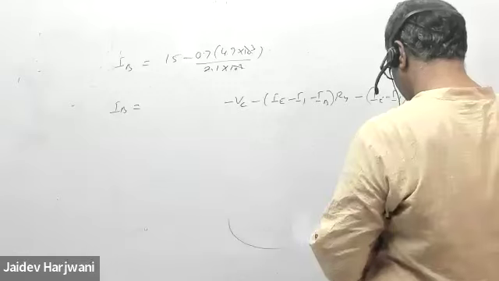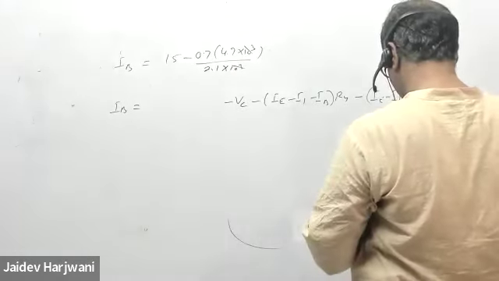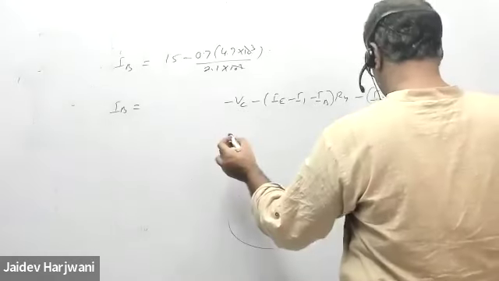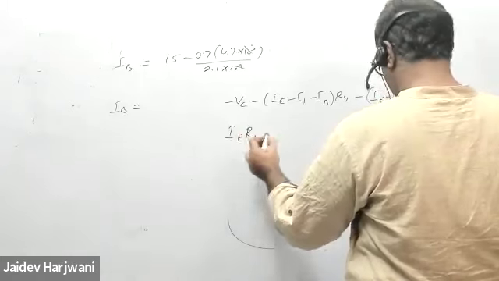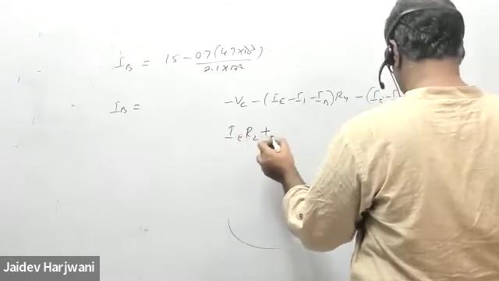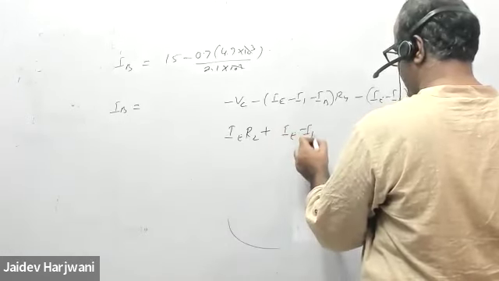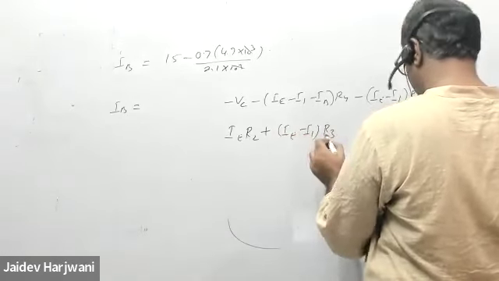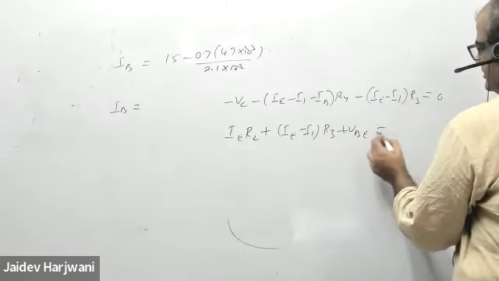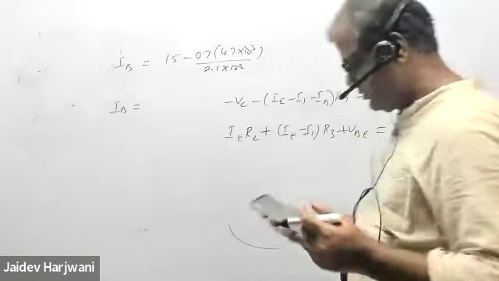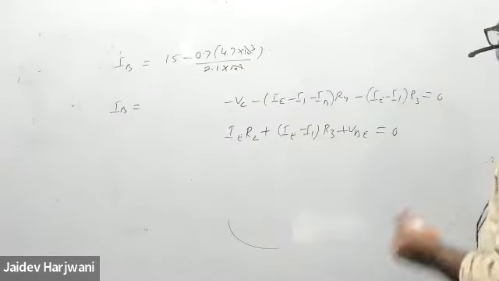And my second equation is this one. So VB, IE R2 plus IE minus I1 R3, plus VB equals 0. These are my two equations, and now you have to solve them.